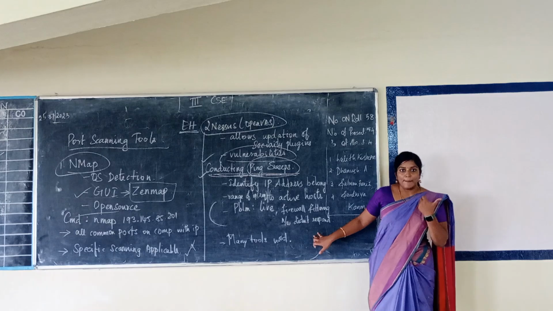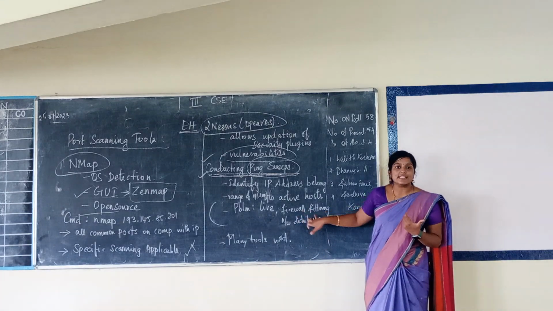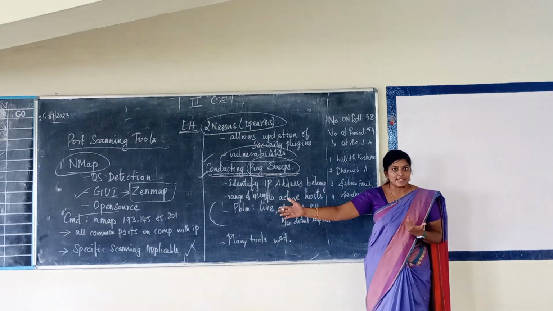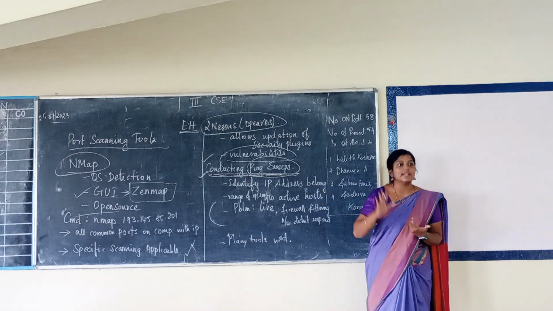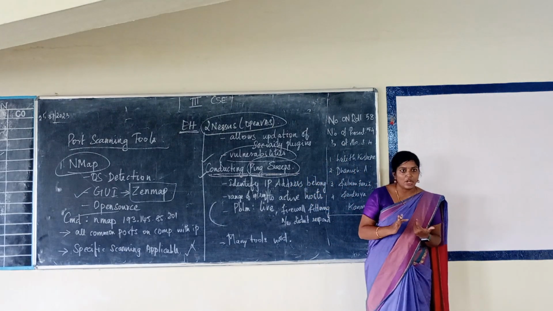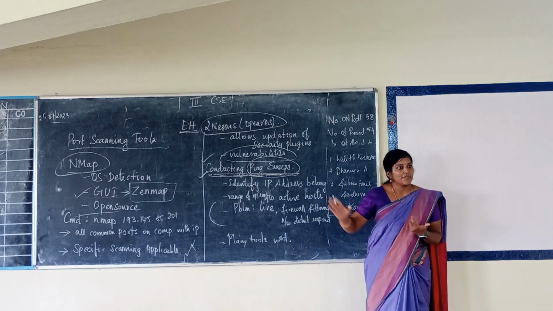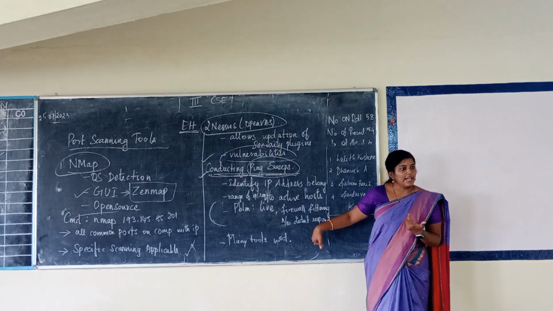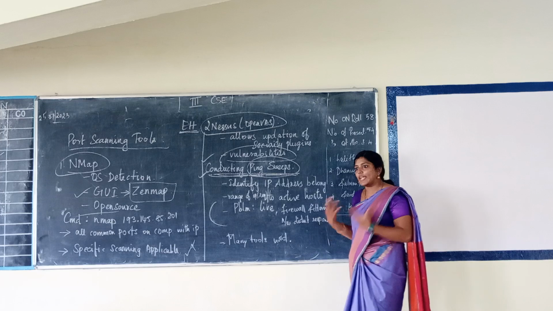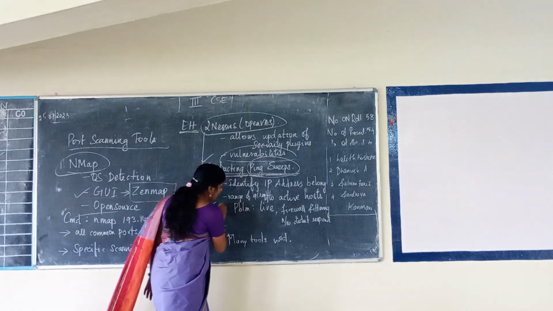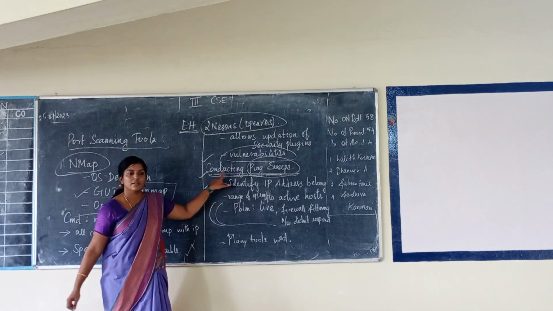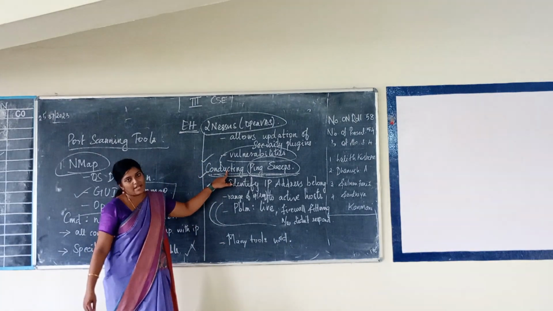Suppose a firewall is installed on the other side; at that time also we cannot get any kind of reply, but the host will be in an active condition. Am I right or not? It is active, but the firewall is there. Then any network issue is also a reason we cannot get any reply. These are the common problems in ping sweeps.